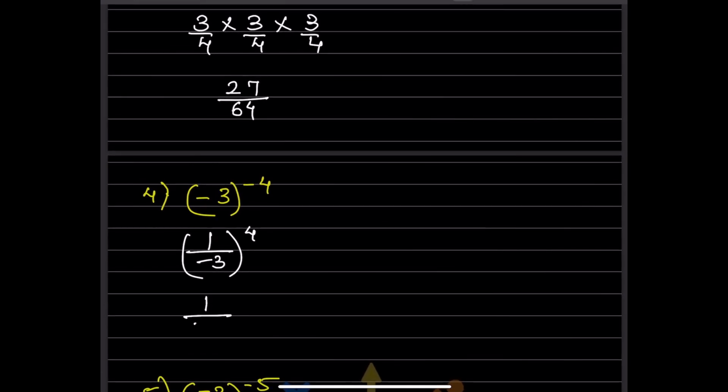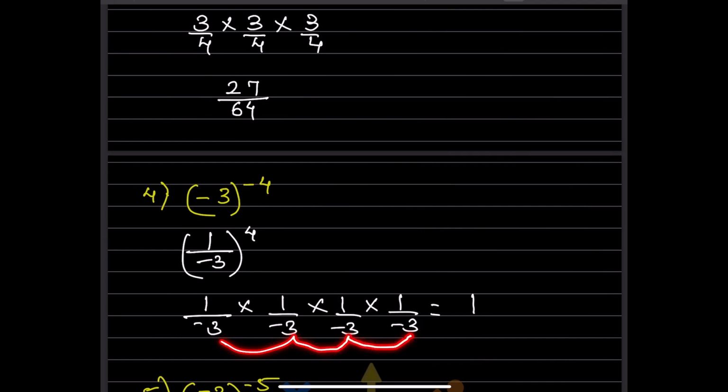You will write here 3 times. So now what you can see here, the numerator is 1, 3 3s are 9, 9 3s are 27, 27 3s are 81. So here what are you going to do? Here the negative sign is 4 times.